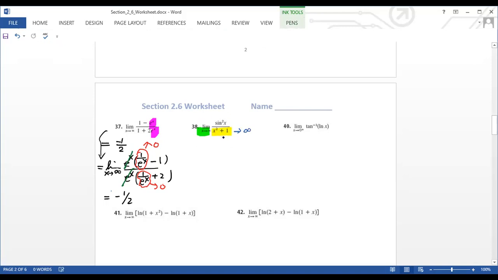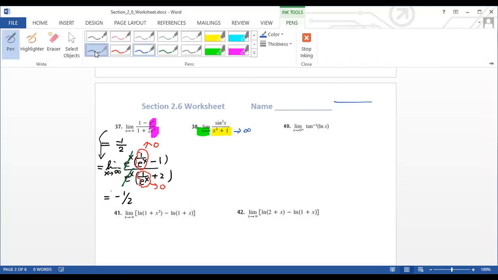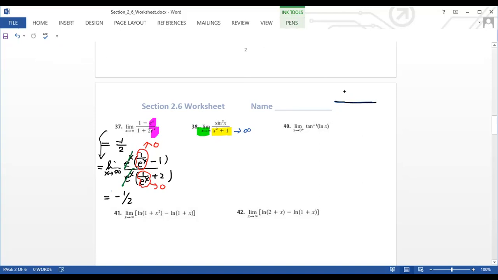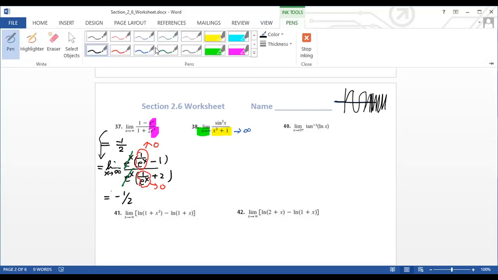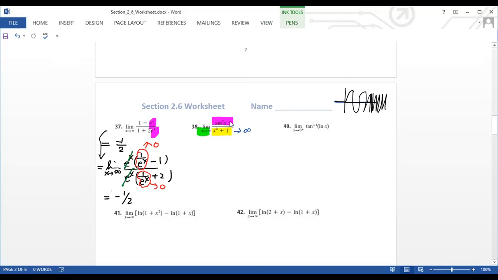But we talked before that the sine function goes up and down like this, right? Because it jumps up and down between 1 and negative 1, you will say, oh, the top is not defined. Well, it's not defined, but it is running around between 1 and negative 1.